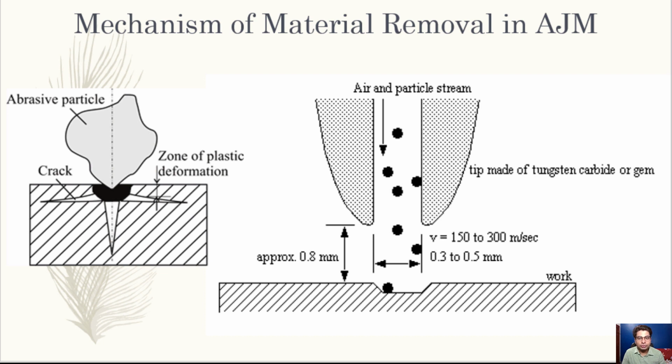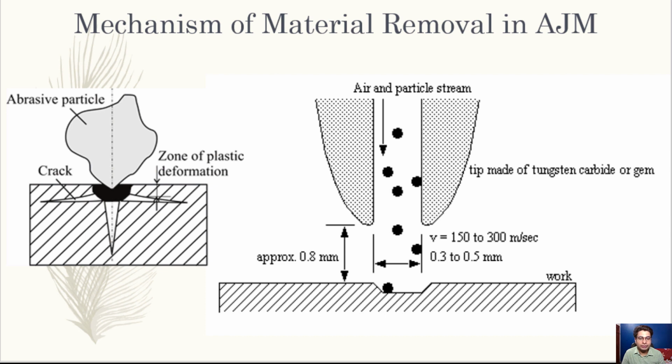Now talking about the mechanism of material removal in abrasive jet machining. This is a process of removal of material by impact erosion through the action of a concentrated high velocity stream of grit abrasive entrained in high velocity gas or compressed air, gas stream, whatever you may say.